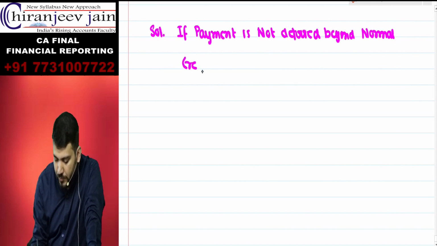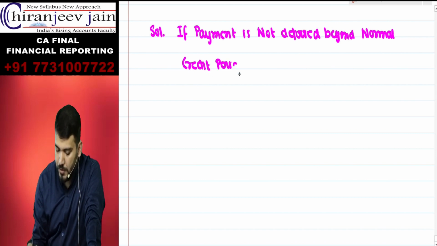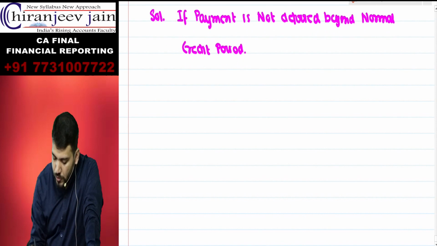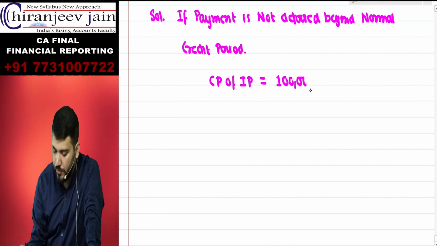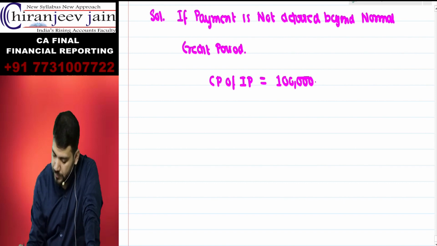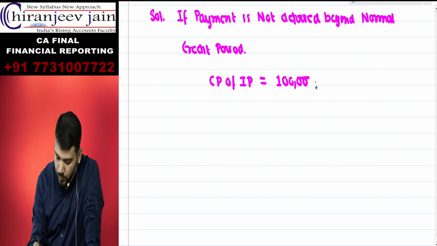correct? Credit period, then cost price of investment property will be equal to what? 1 crore, correct?